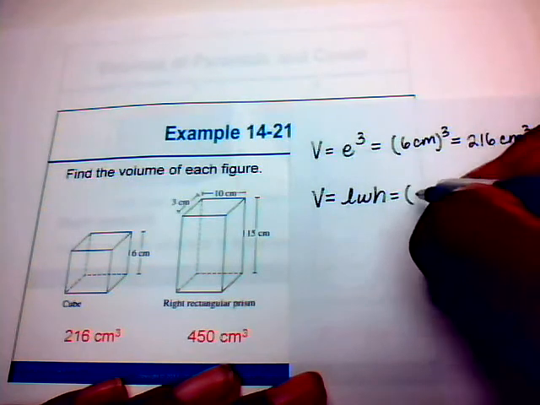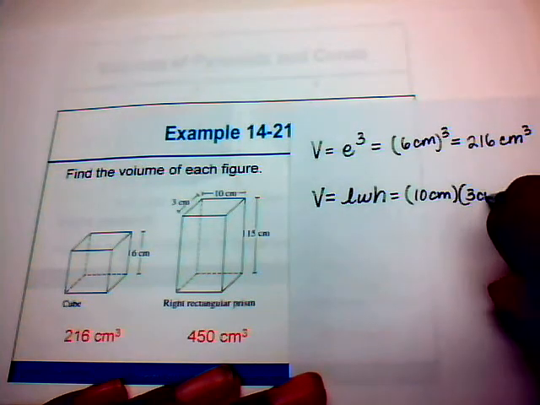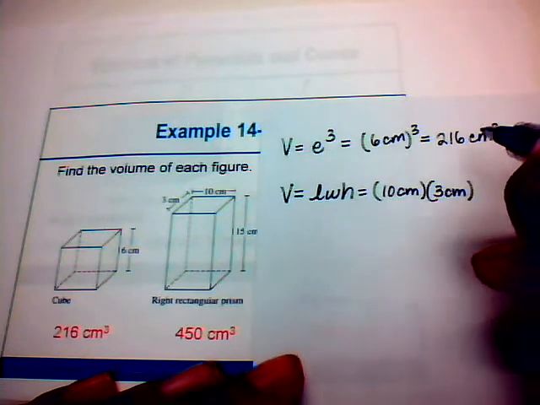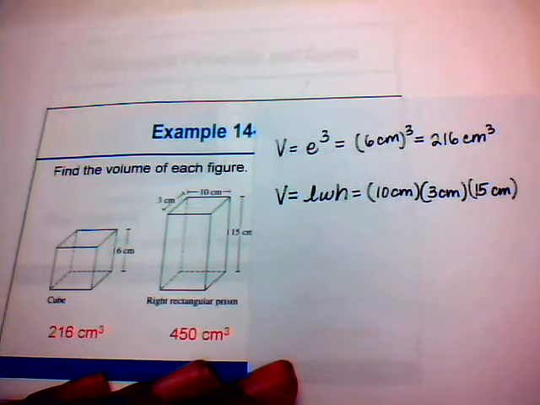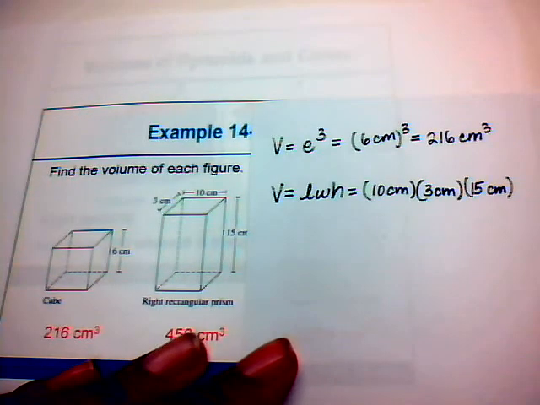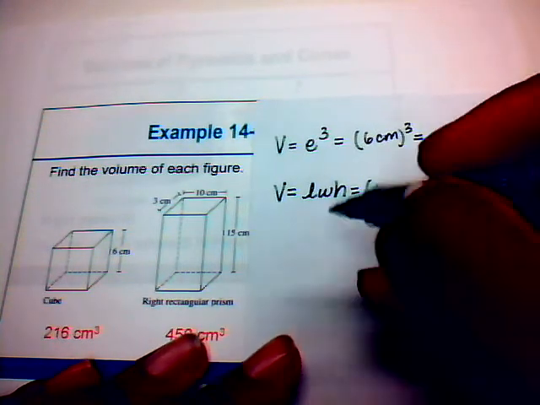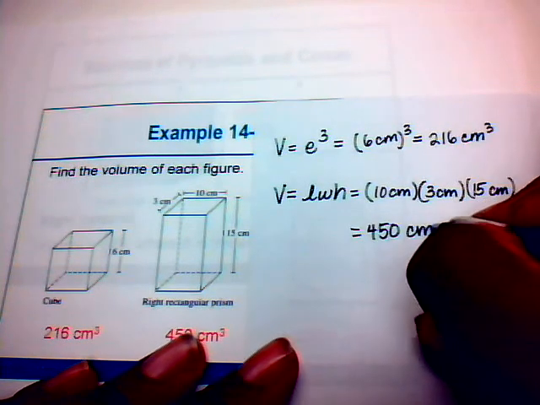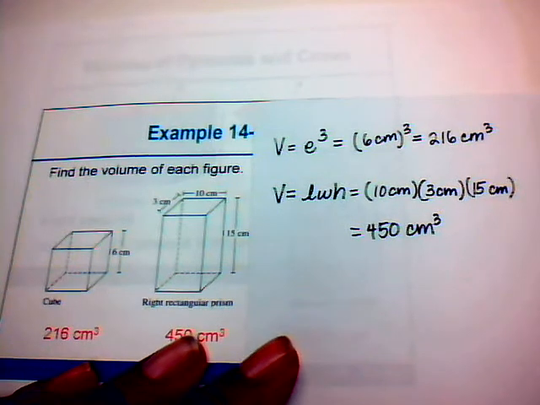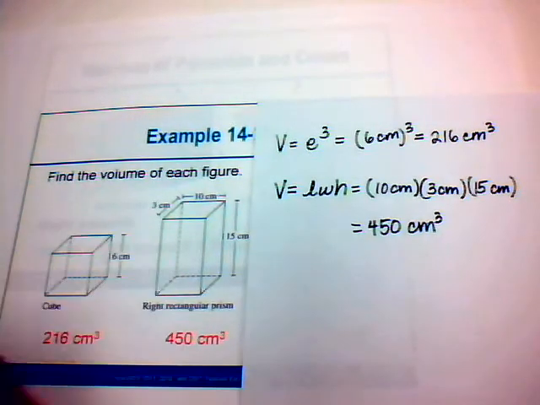So here the length is 10 centimeters, the width is 3 centimeters, times the height, which is 15 centimeters. So here we just multiply 10 times 3 times 15. In this case, 10 times 3 is 30. 30 times 15 would give me 450. So it'd be 450 cubic centimeters. That's the volume of this right rectangular prism.